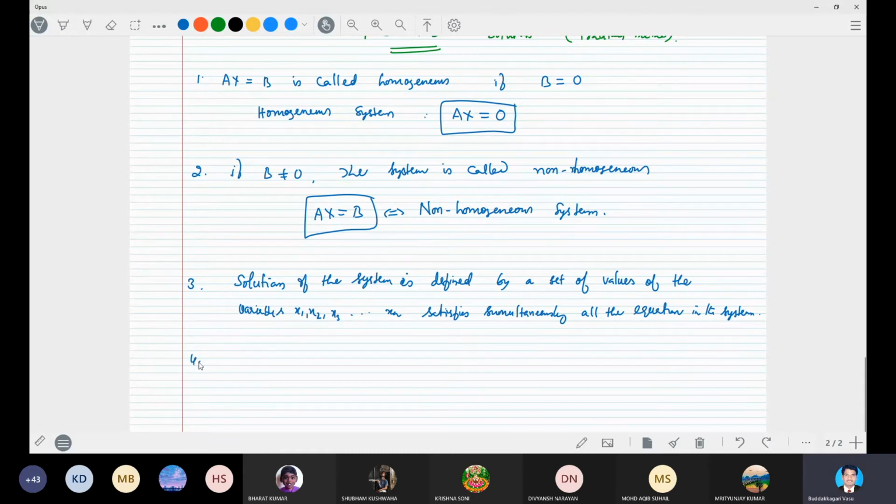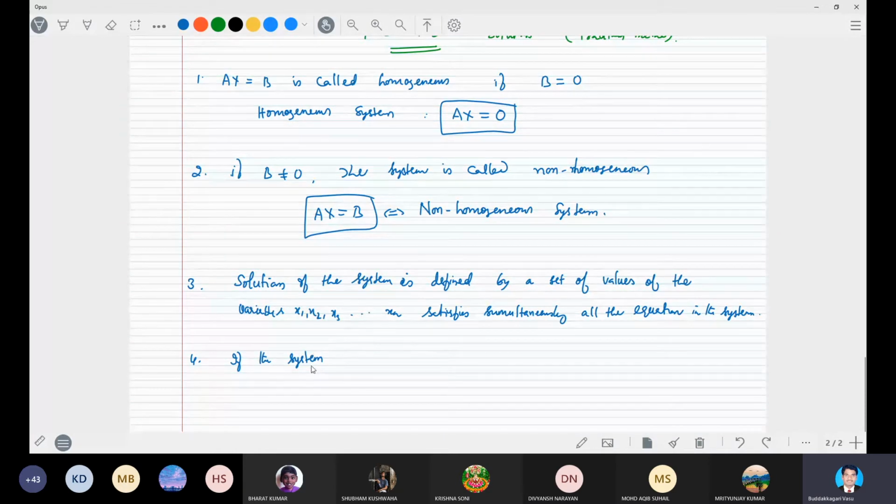Next, another point. Now, if the system has a solution, what is the system? That is a group of equations, right? A group following some rules. That is the system, right?